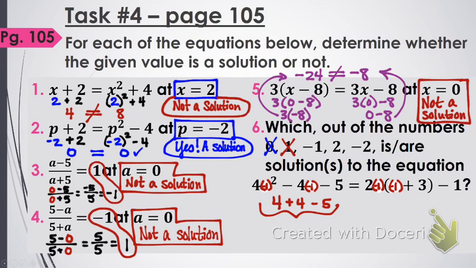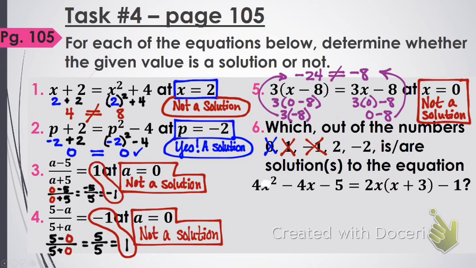Just a positive 3 because I'd have 8 minus 5. Over here I'd have negative 2 times 2 minus 1. So what do I get on this side? Negative 4 minus 1, so I get a negative 5. Does that one work? No. So that's not a solution either. We've eliminated 3 of them.